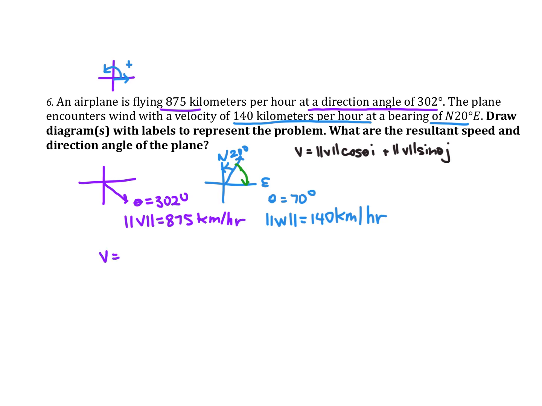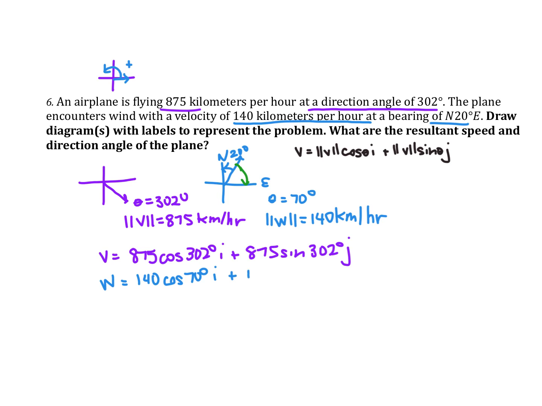Vector V is 875 cosine 302 degrees i plus 875 sine 302 degrees j. Then vector W is 140 cosine 70 degrees i plus 140 sine 70 degrees j.